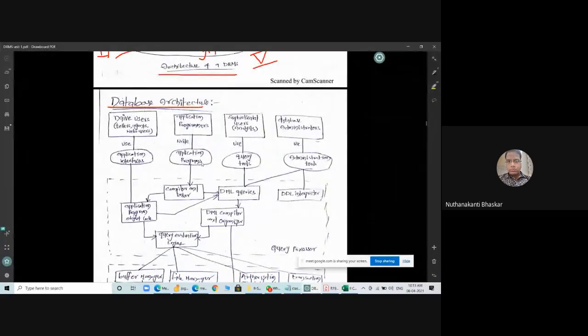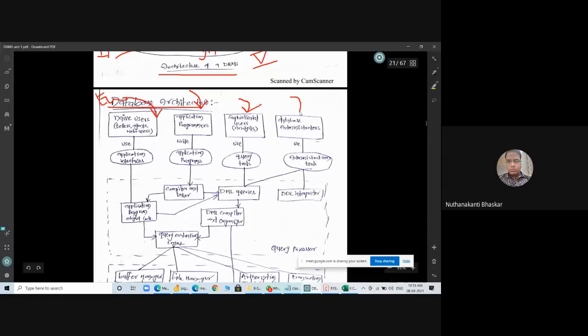Here are naive users, application programmers, sophisticated users, database users. The sophisticated users are the people who know query tools. The application programmers are the people who know only a programming language, through which they can communicate. The naive user is nothing but an external user, an end user. They don't know anything; they will use only high-level English-like language.